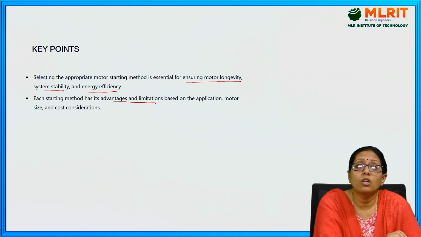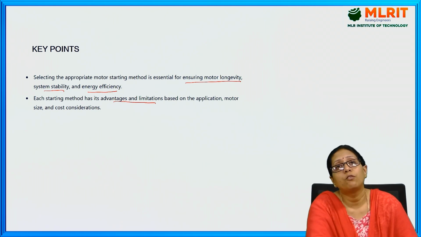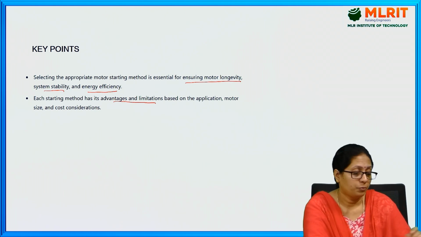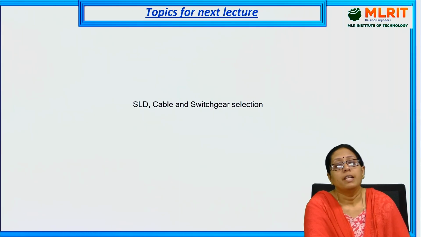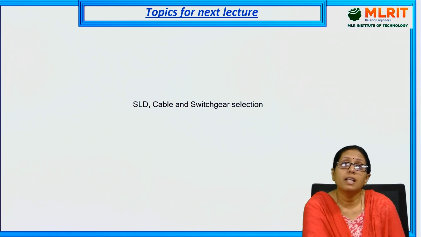So, based on the application and the cost of the load, we will decide which type of starting method is applicable for that particular load. In the next class, I would like to discuss SLD, that is single line diagram, and cable and switchgear selection. Thank you.